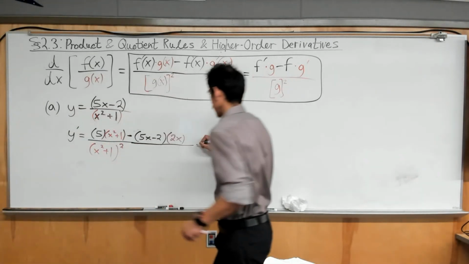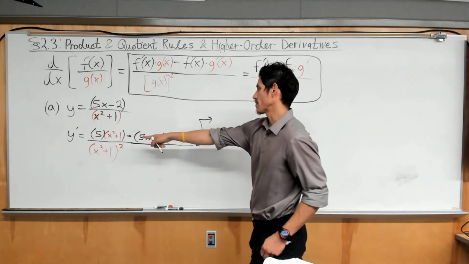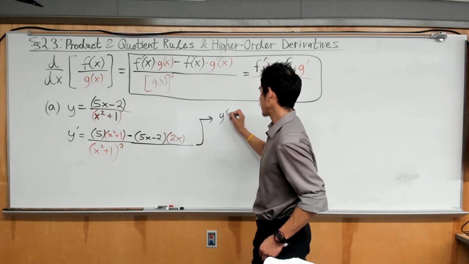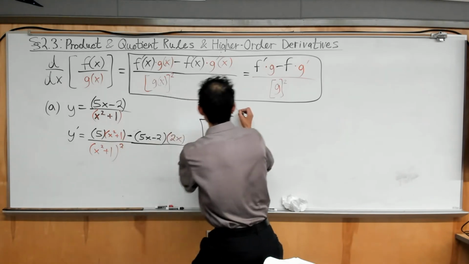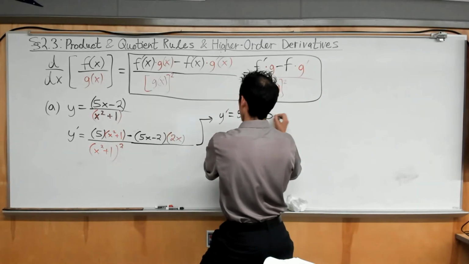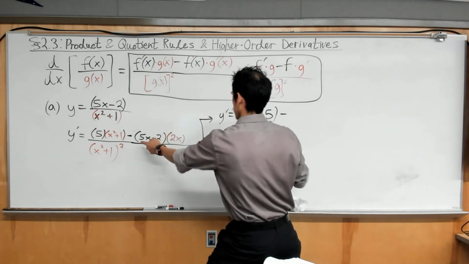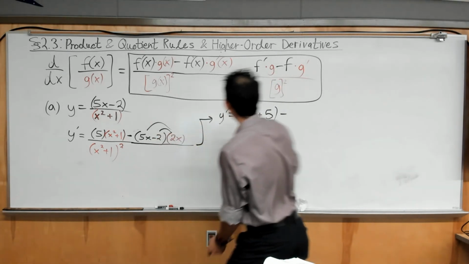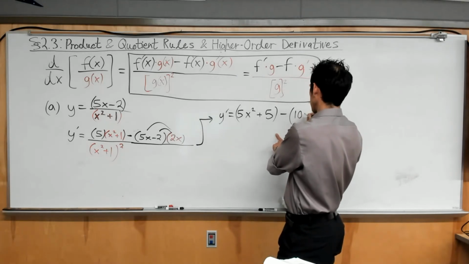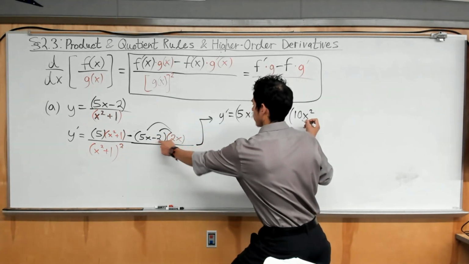And then we just got to clean this up. So we got y prime equals 5x squared plus 5 minus both of these multiplied by that, minus 10x squared, minus 4x.